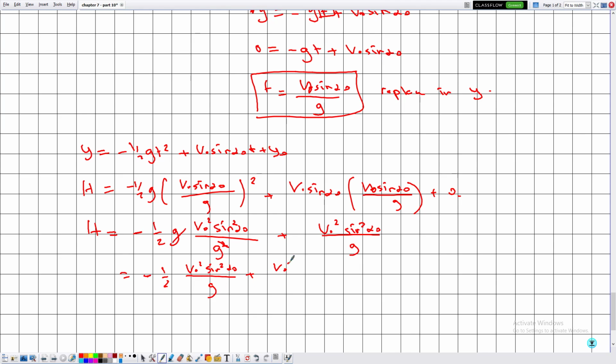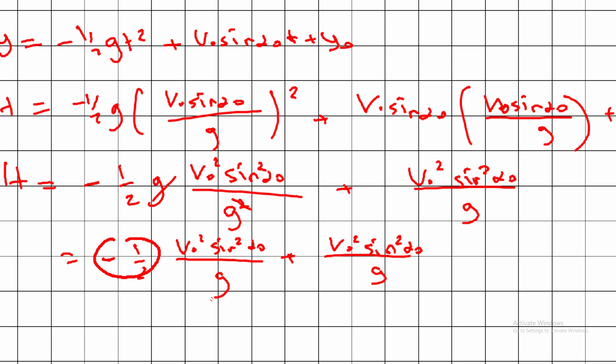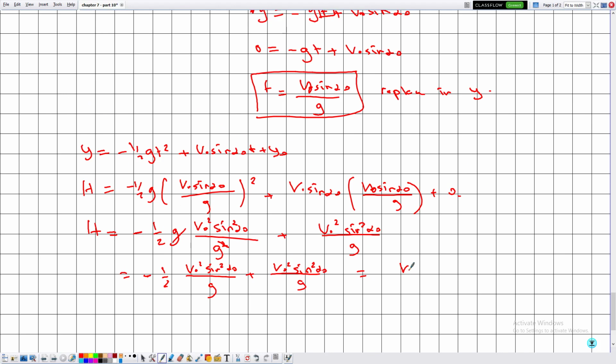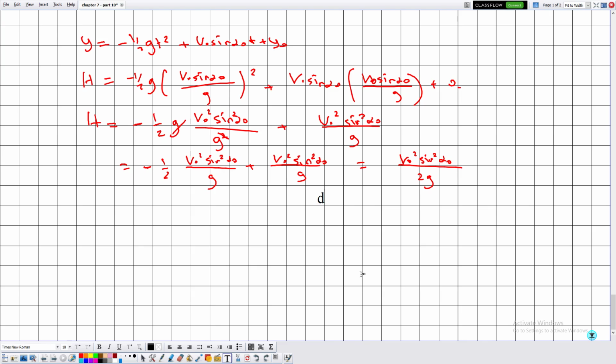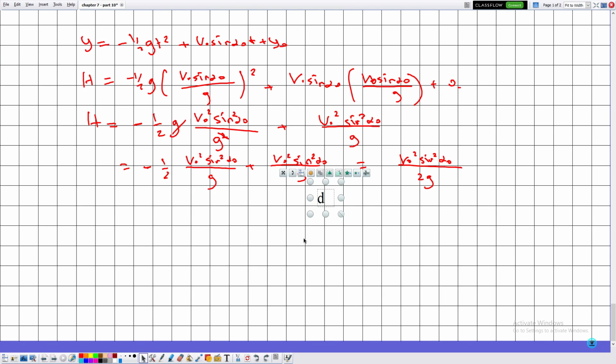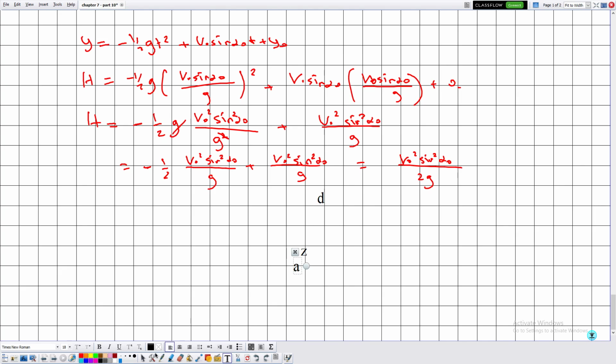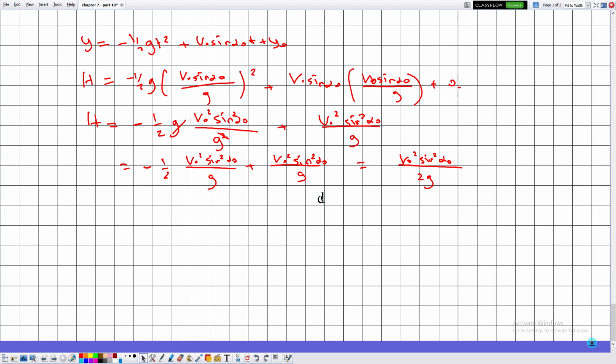So notice that here we are adding two same expressions, but here minus half with plus 1, so this will be given by v0 square sine square alpha 0 divided by 2g. Okay, because this is minus half and this is plus 1, which is equal to half. So in this case, the maximum height is given by v0 square sine square alpha 0 divided by 2g.